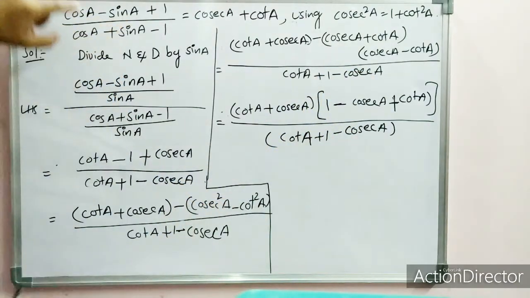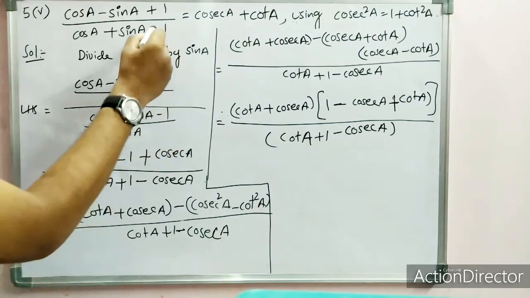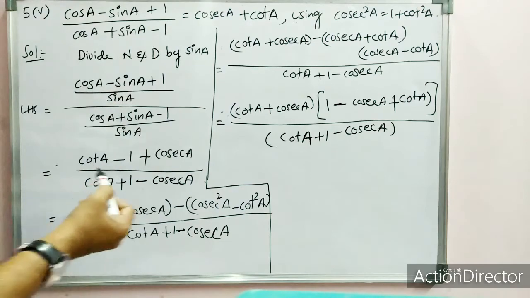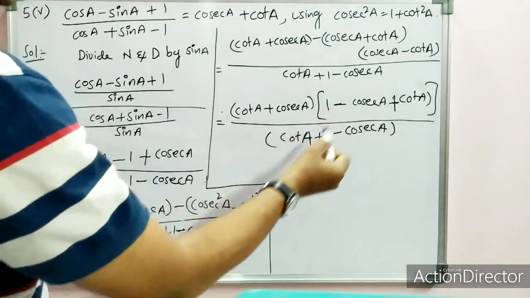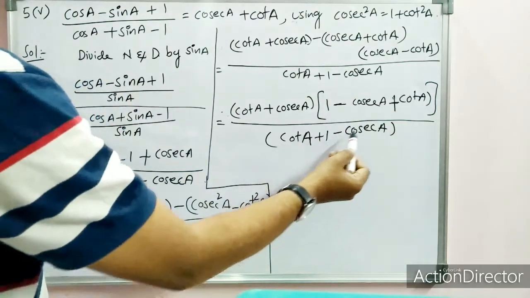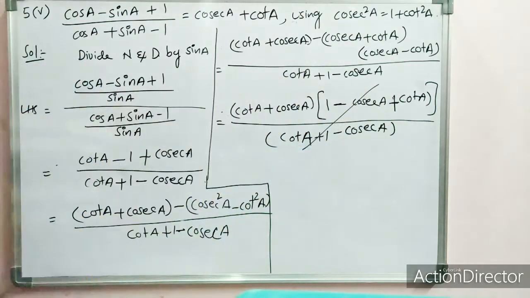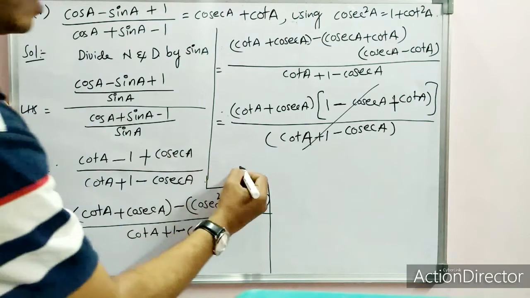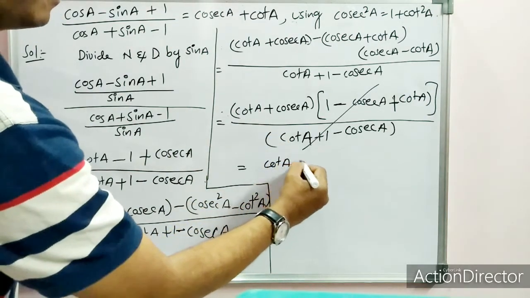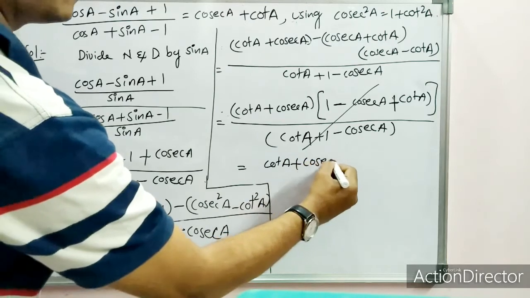Check it once, don't get confused: minus 1 by sine theta is minus cosecant theta. Now you see these two are equal: 1 minus cosecant A plus cot A, 1 minus cosecant A plus cot A. It will be deleted. Now the remaining value is cot A plus cosecant A.